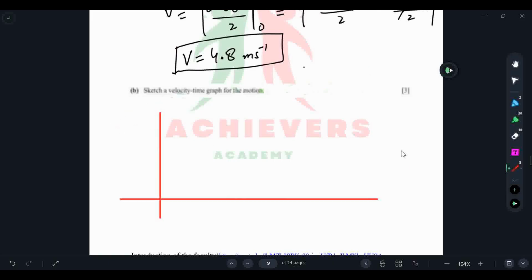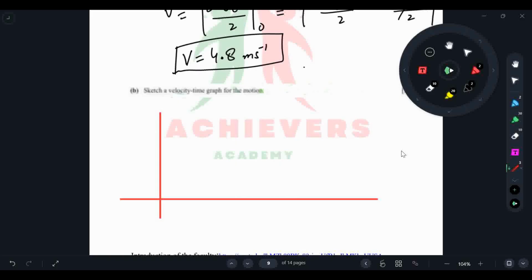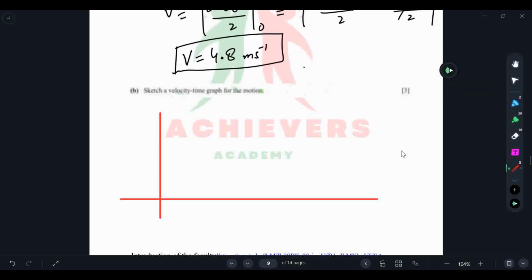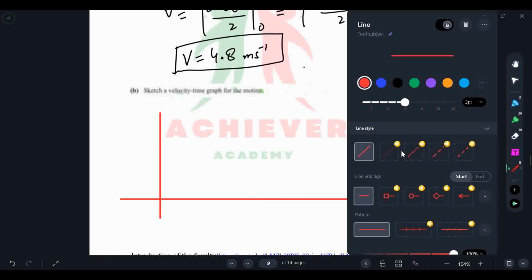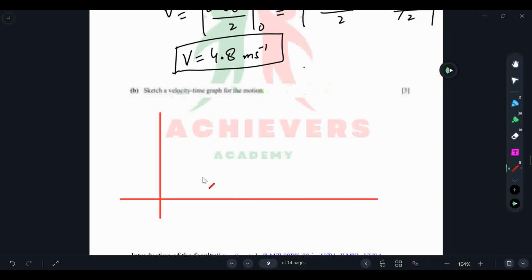Now we need to calculate for the first 4 seconds. For the first 4 seconds, the velocity is fixed, as given in the question. This axis will be velocity in meters per second, and this axis will be the time in seconds.